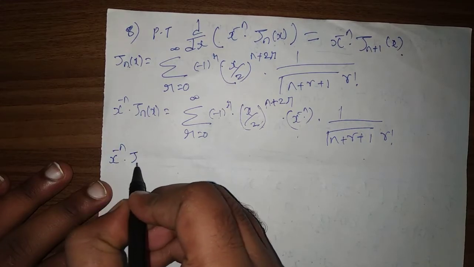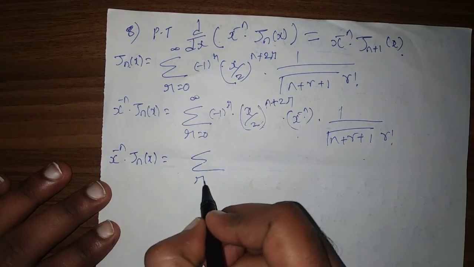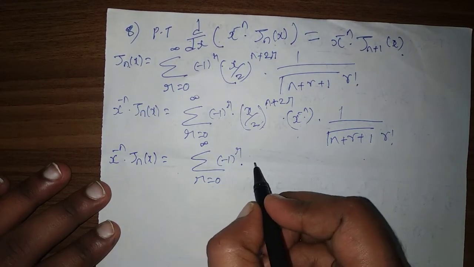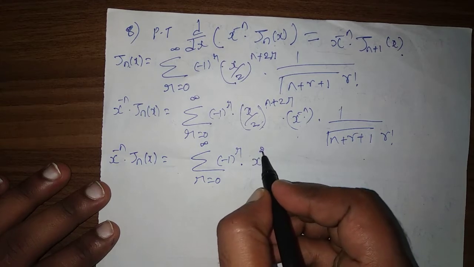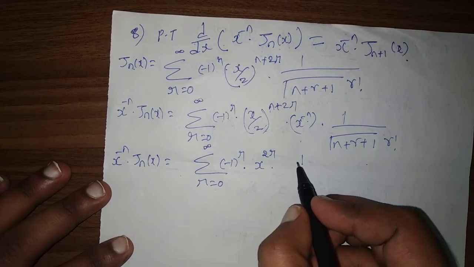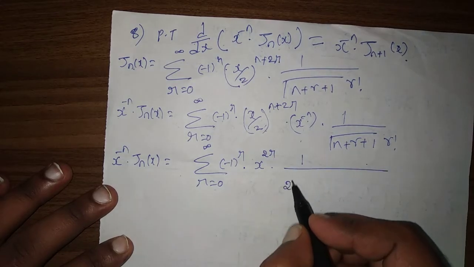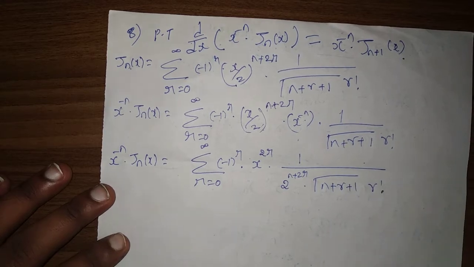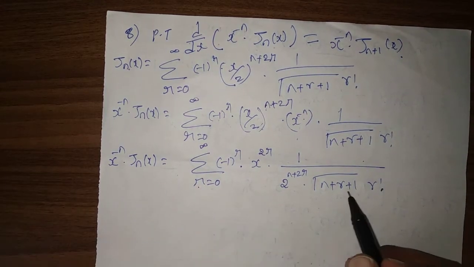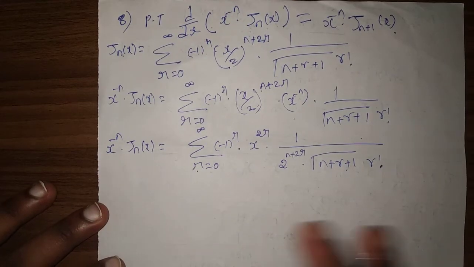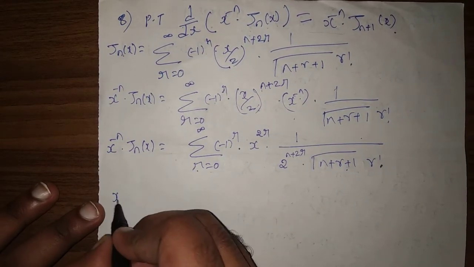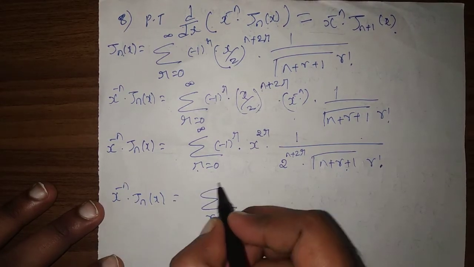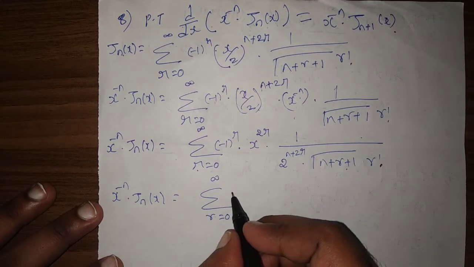So x power minus n into Jn of x is summation r varies from 0 to infinity, minus 1 to the power of r, into x to the power of 2r, into 1 divided by 2 to the power of n plus 2r, gamma of n plus r plus 1 into r factorial. Don't get confused with this r and this r, both are same. We can write it together.